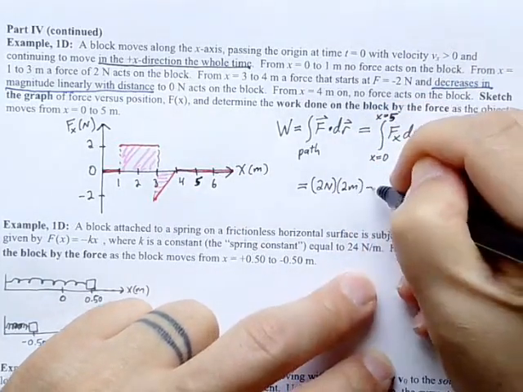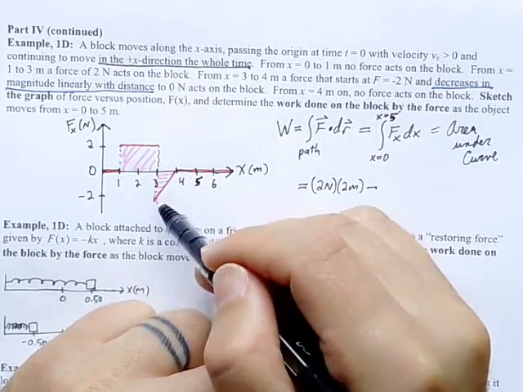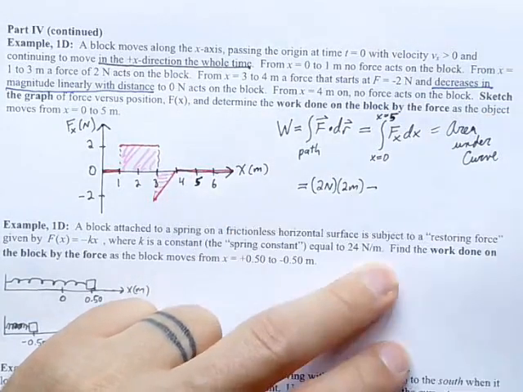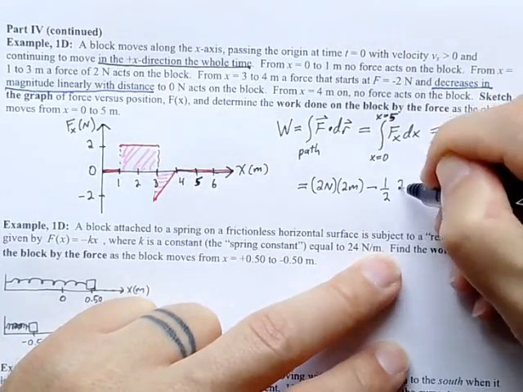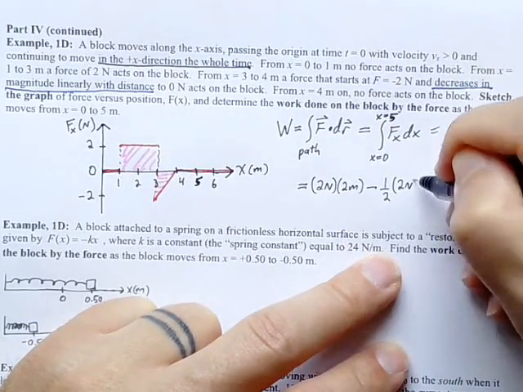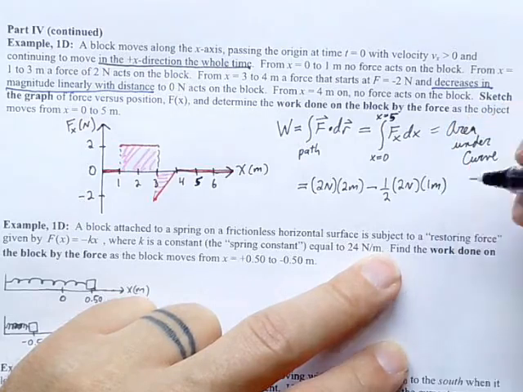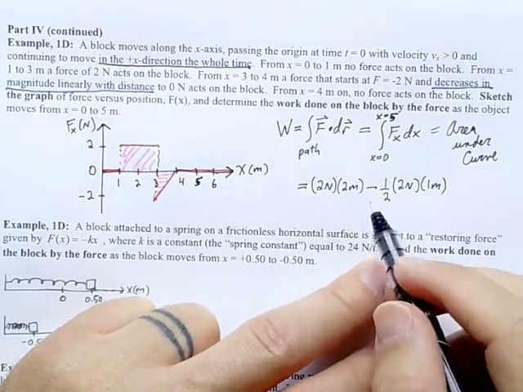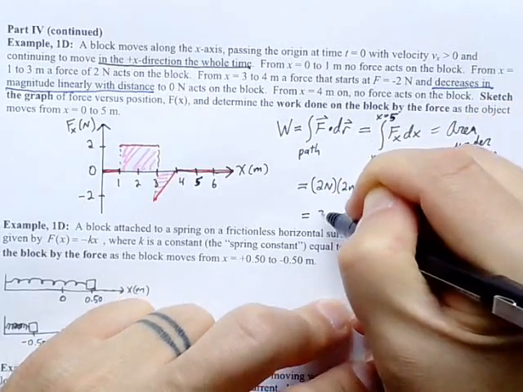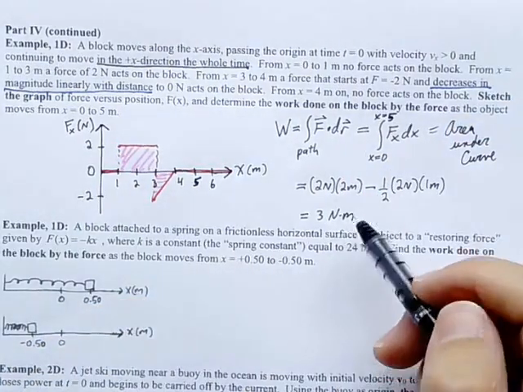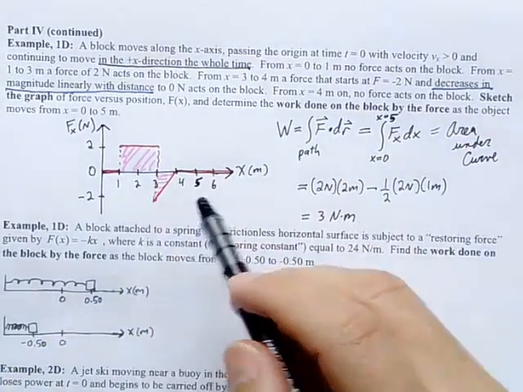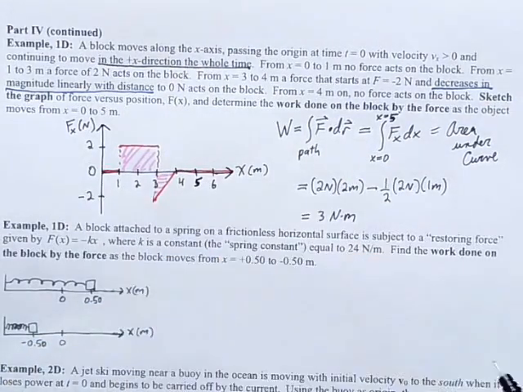And then minus, since this area here represents negative work being done, minus half of 2 newtons times 1 meter. So that looks like 4 minus 1, or 3 Newton meters of work altogether. 3 Newton meters of work done by that force on this object as it moves from 0 to 5.